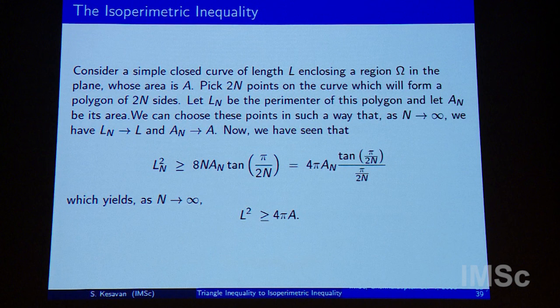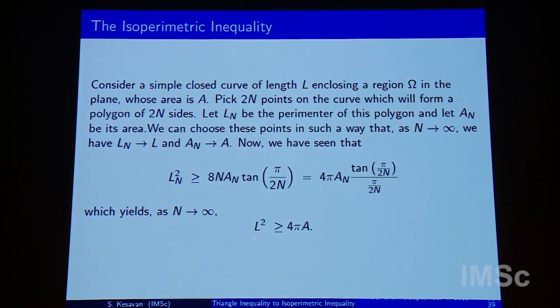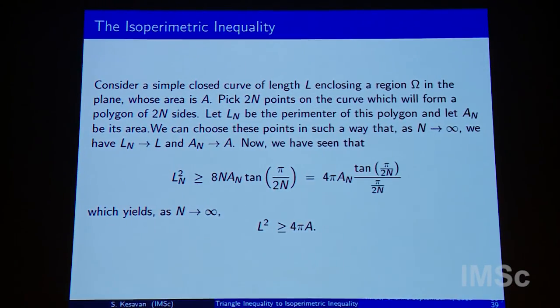This is how Archimedes computed the area of the circle and such things. Okay. So, now we will let n tend to infinity. So, Ln square will go to L square, An will go to A and 4 pi is there. Now, this is tan theta by theta as theta tends to 0. So, it goes to 1.